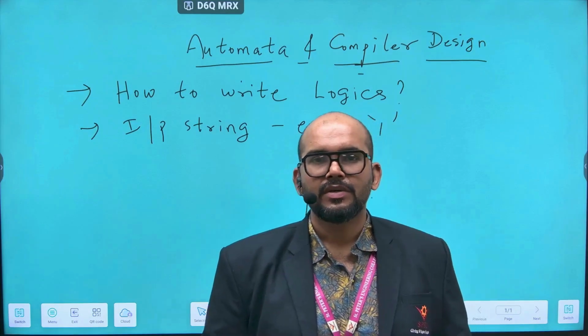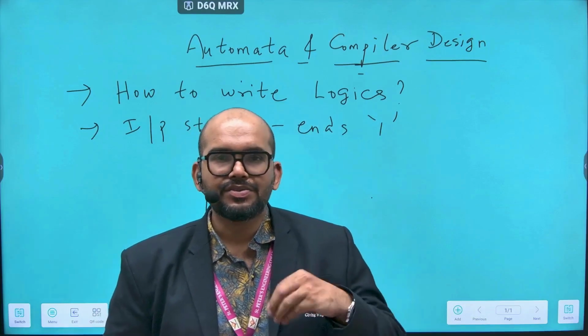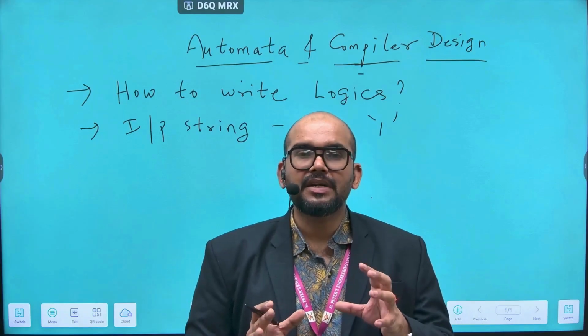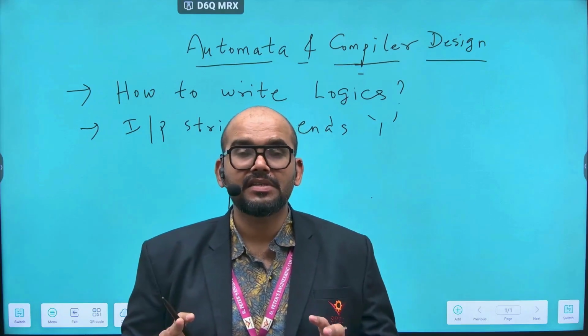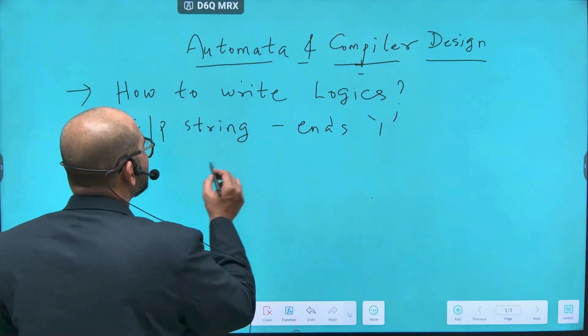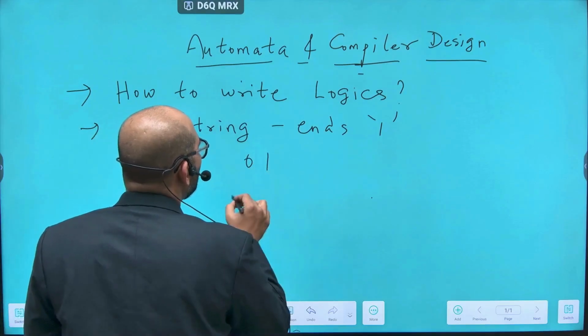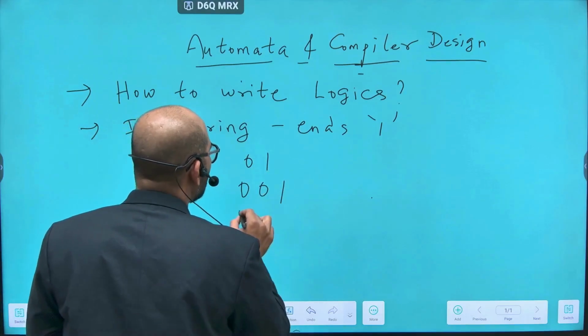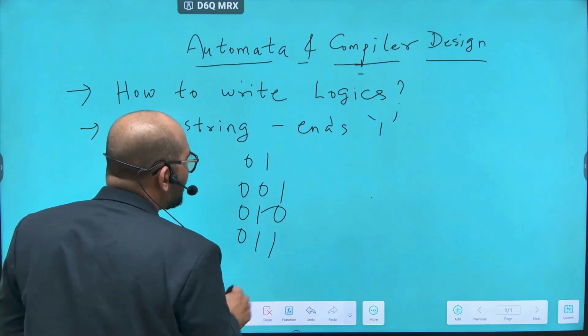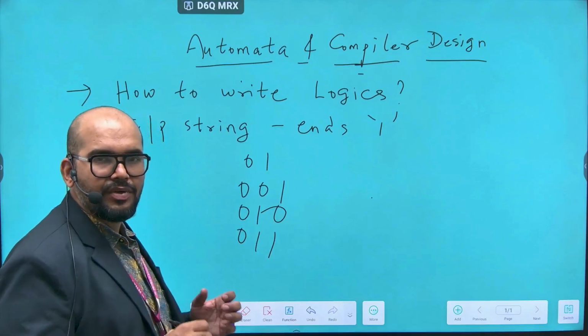Let me take a string, which we represent with the machine language, meaning the binary language. Let me take some examples. One is 0 1, the other is 0 0 1, the other is 0 1 0, and 0 1 1. Let me take a few strings.